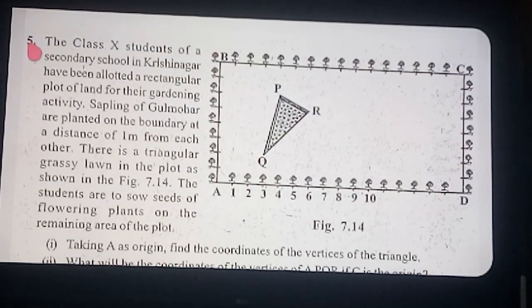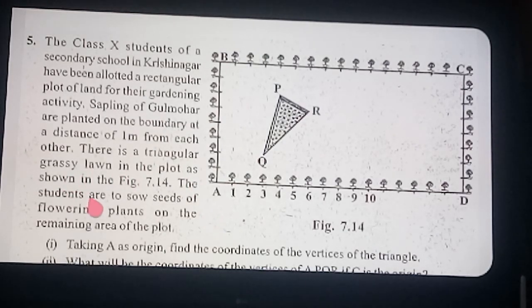Now listen to question number 5. The class 10 students of a secondary school in Krishinagar have been allotted a rectangular plot of land for their gardening activity. Saplings of gulmohar are planted on the boundary at a distance of 1 meter from each other, and there is a triangular grassy lawn in the plot as shown in the figure.